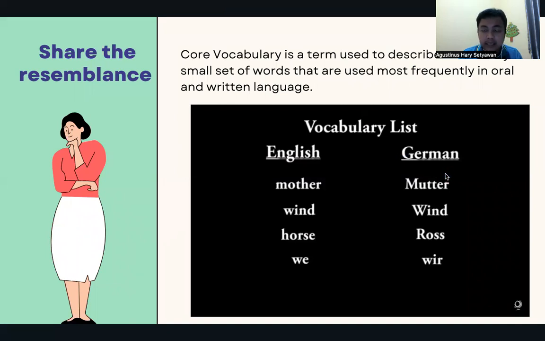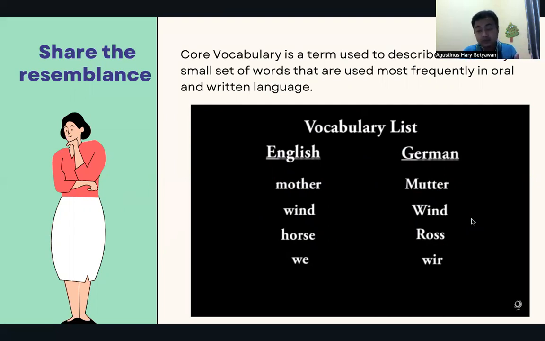Please read this first. Okay, do you find any similarity? Don't you? We want to make a relation from this list, limited from this list.